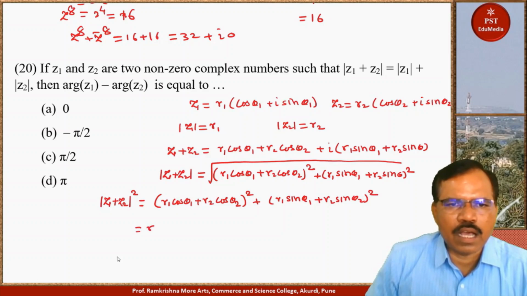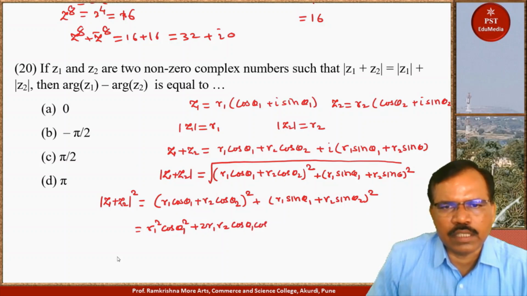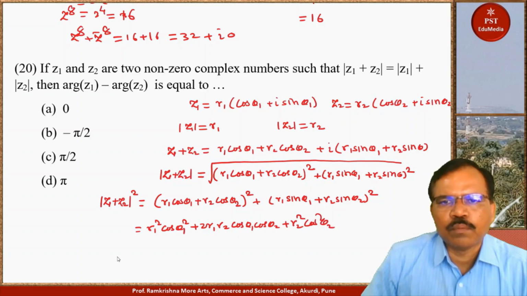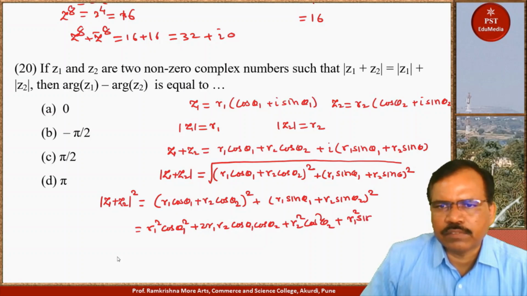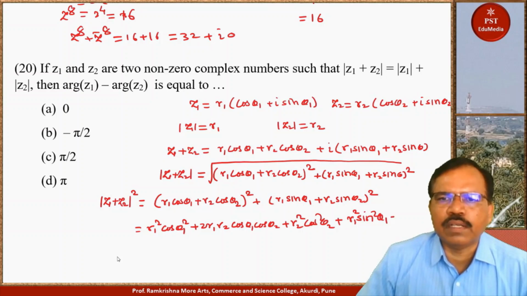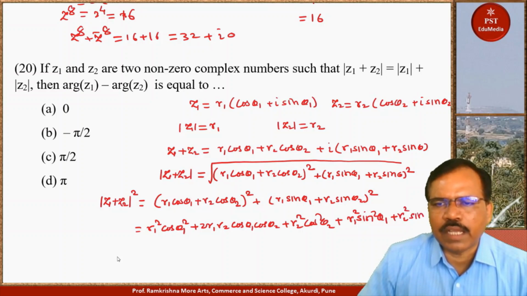So we'll get here R1 square cos square theta 1 plus 2 times R1 R2 cos theta 1 cos theta 2 plus R2 square cos square theta 2 plus R1 square sin square theta 1 plus R2 square sin square theta 2 plus 2 times R1 R2 sin theta 1 sin theta 2.